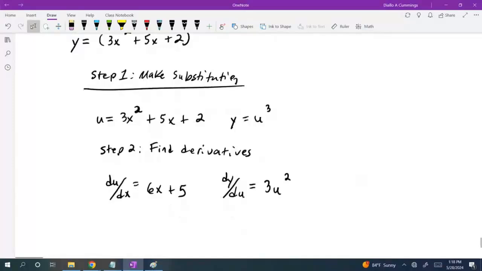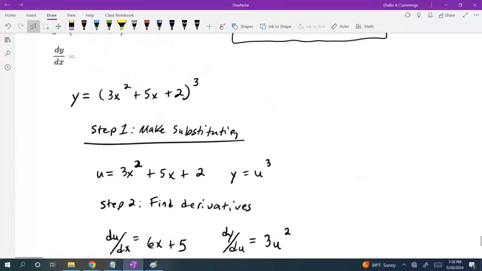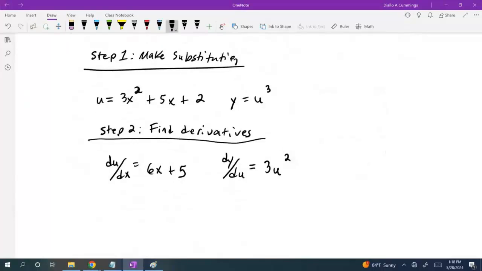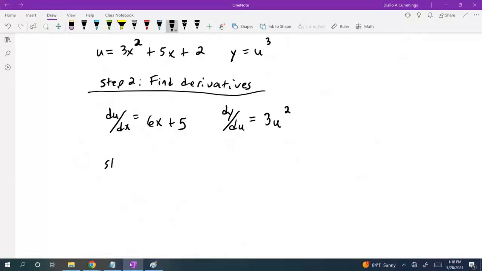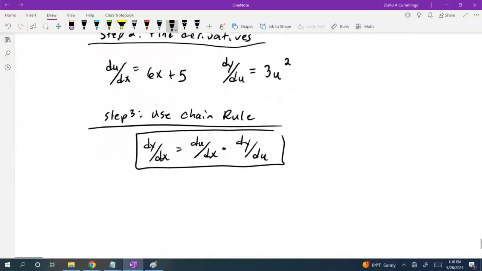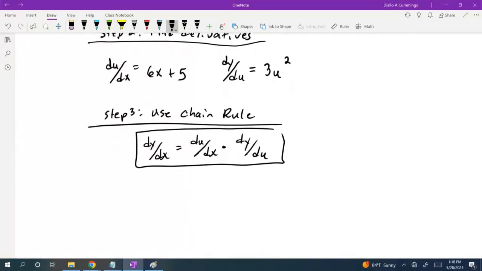So our third step is to actually use the chain rule. The chain rule says that dy dx is equal to du dx times dy du. So we're going to take those two derivatives and multiply.